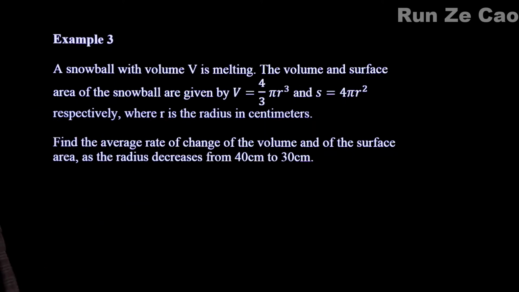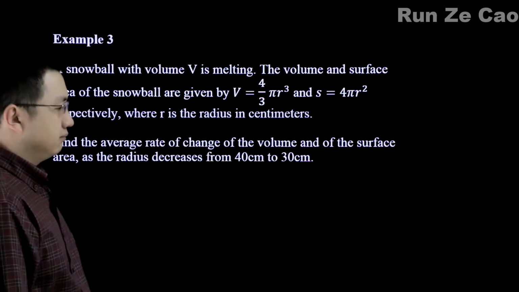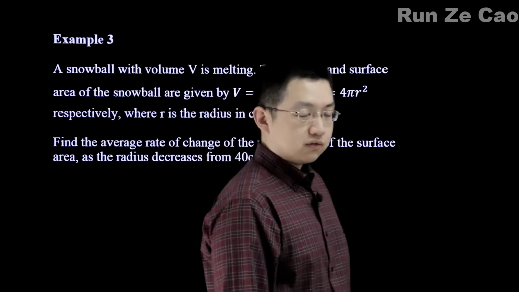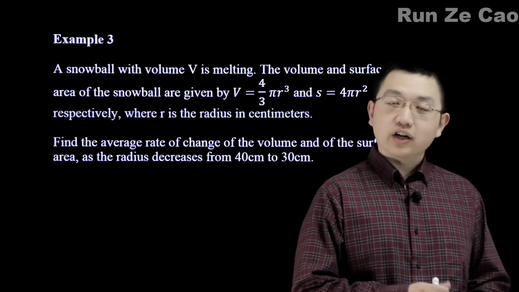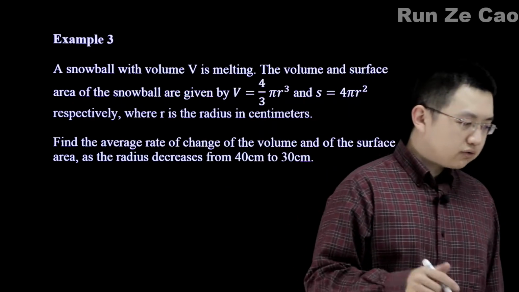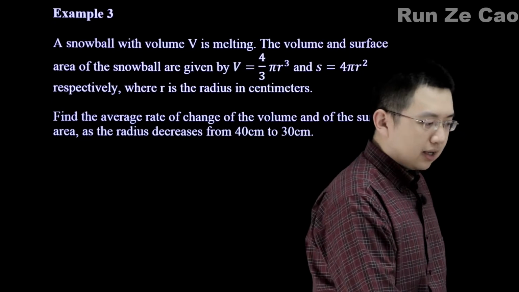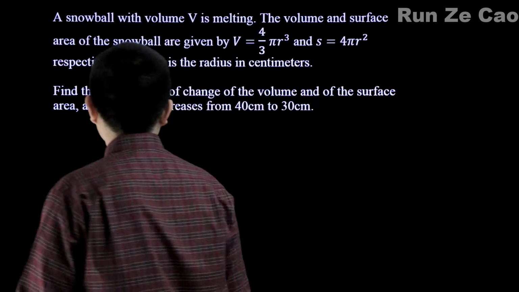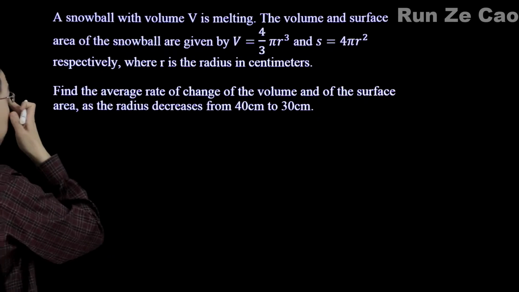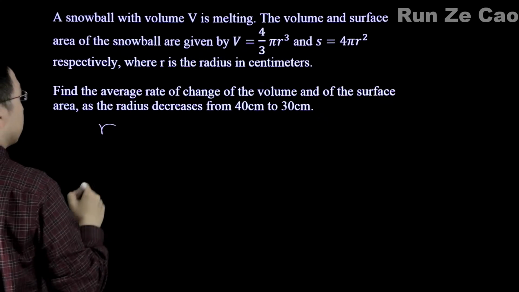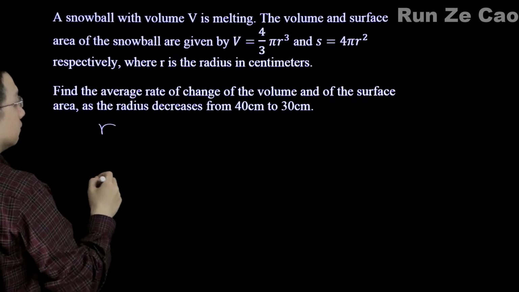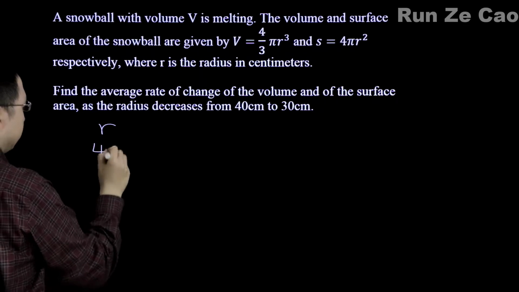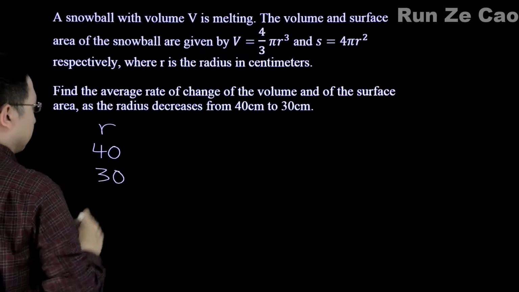We have a snowball that is melting. Now we see that the volume isn't going to grow and then shrink. So the average rate of change that we're dealing with is purely going to be start point, end point. So radius is initially 40 and then finally 30.